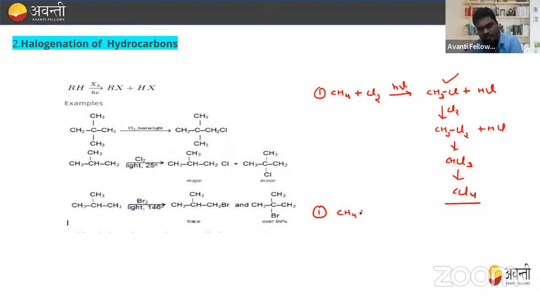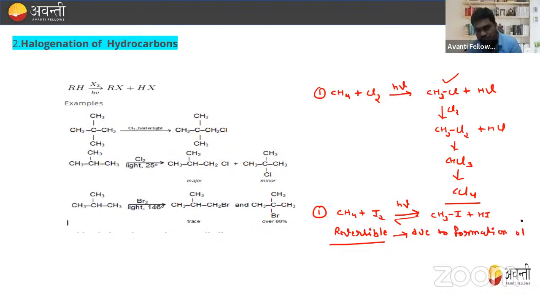Because if you treat CH4 with I2 in the presence of sunlight, what will they form? They will form CH3I plus HI. Due to the formation of HI, this reaction becomes reversible, right?